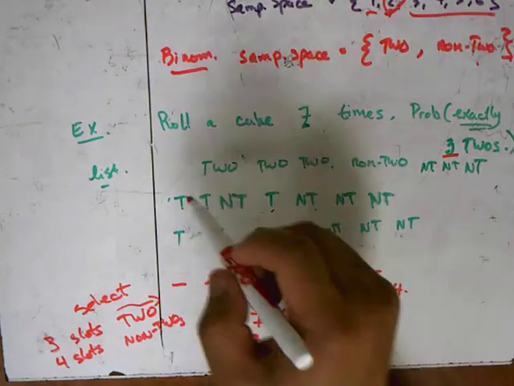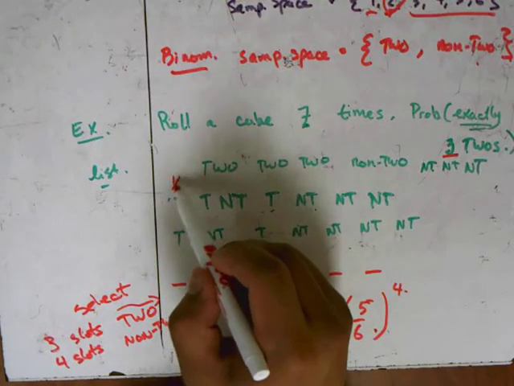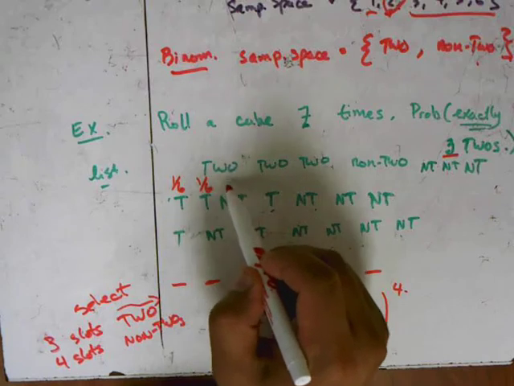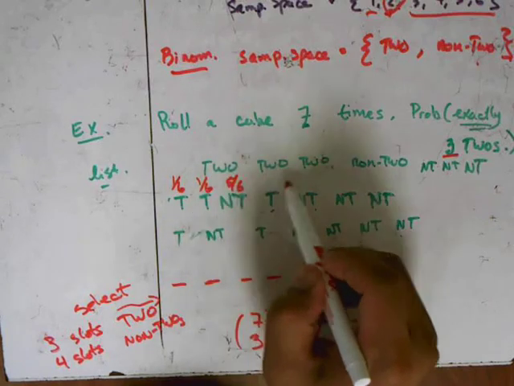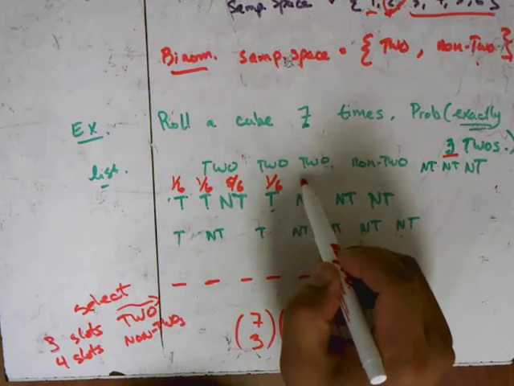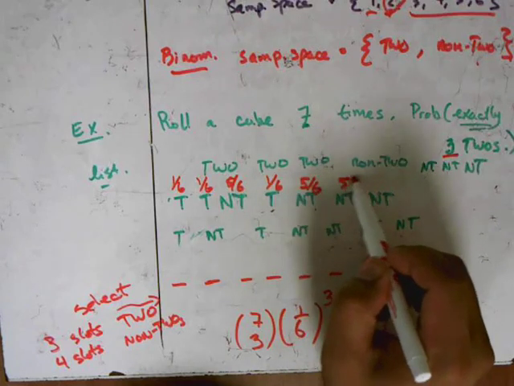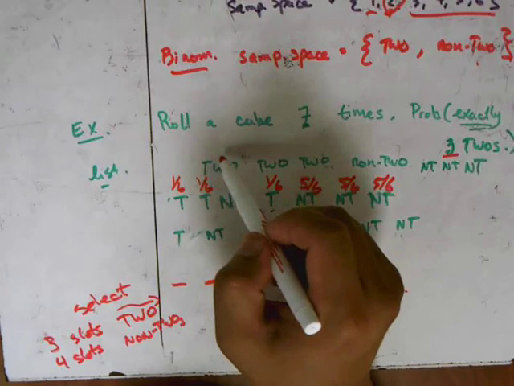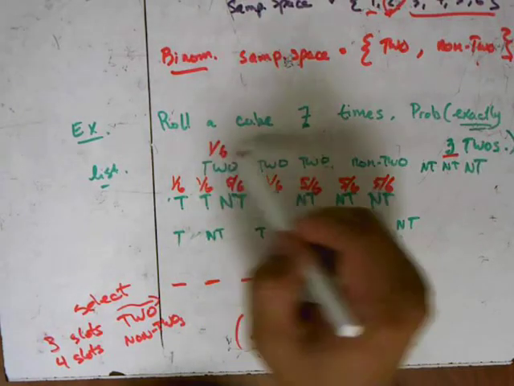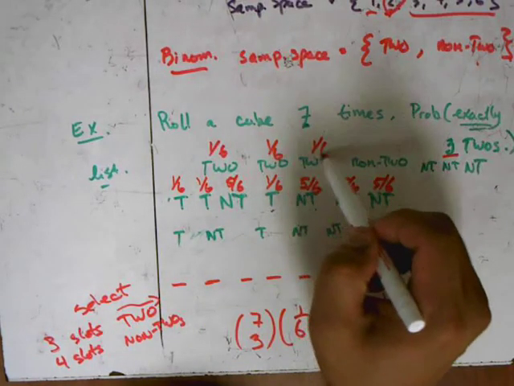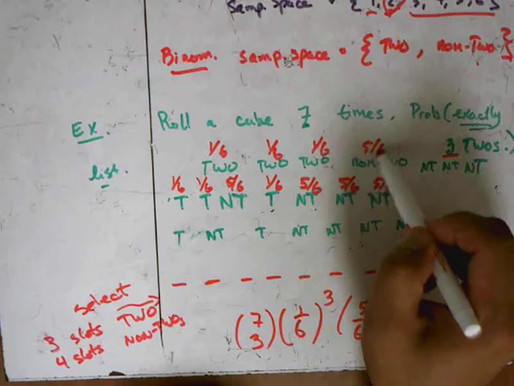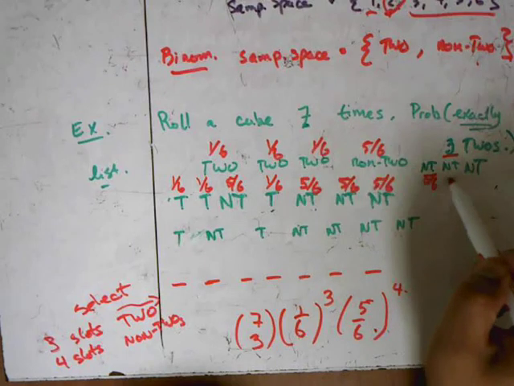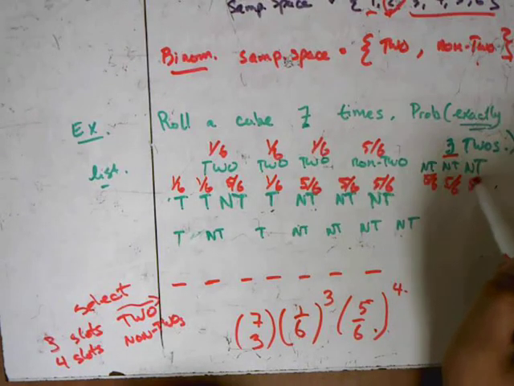The probability of getting a 2 is 1 out of 6, and a non-2 is 5 out of 6. In this first example, a 2 is 1 out of 6, 1 out of 6, 1 out of 6, then 5 out of 6, 5 out of 6, 5 out of 6, 5 out of 6.